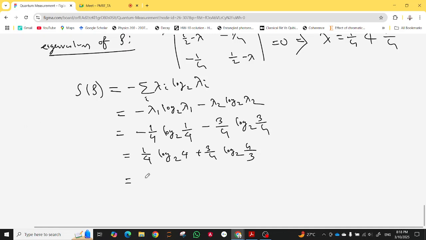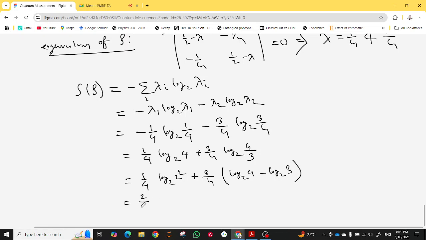Now log base 2 of 2 squared, plus 3 by 4, and log of a by b means log a minus log b, so log base 2 of 4 minus log base 2 of 3. So the first term will give you log base 2 of 2 squared, and the 2 will come outside.